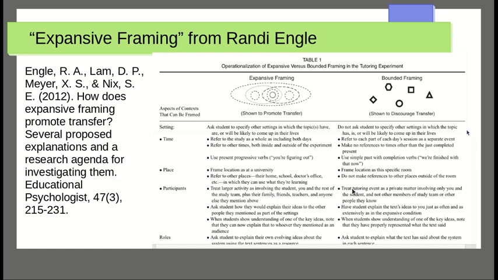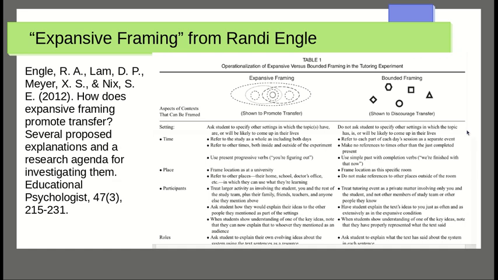And then over here on the bounded side, they treat the tutoring event as a private matter involving only you, the instructor, and the student, and not other members of the study team or other people that they know. And so you can see how bounded framing is just putting everything in a box, into one small context, and treating it as a one-time event, as one goal.